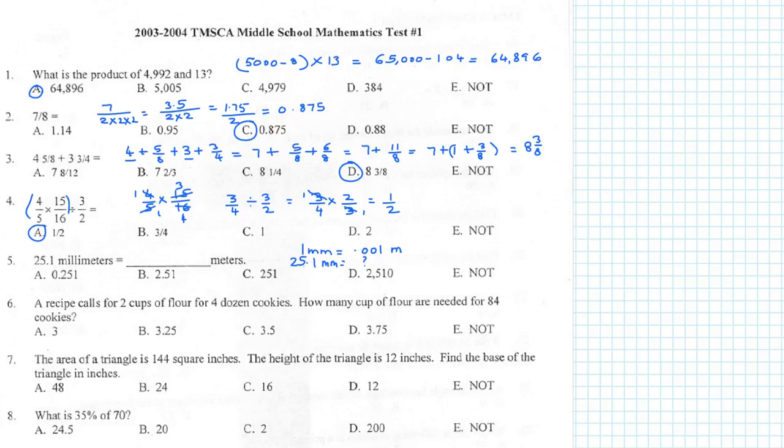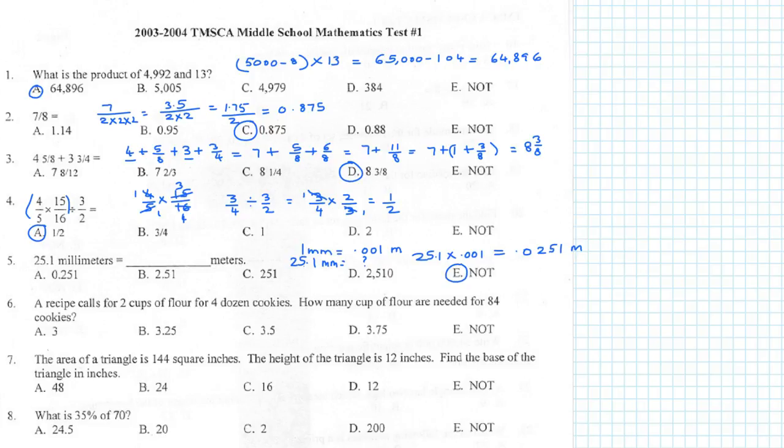So that's the question. So we multiply 25.1 with 0.001. So that will give us 0.0251 meters. So looks like none of the choices A through D match with 0.0251. So we will select E as the answer.